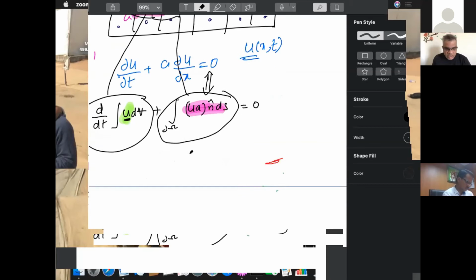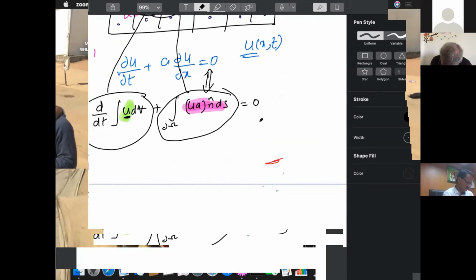So if you have to rewrite this, I'll make one more small approximation. This integral of u dv, I can rewrite as volume times u average. This is basically a weighted average integral. You know that the average of any quantity is 1 by volume integral of u dv.